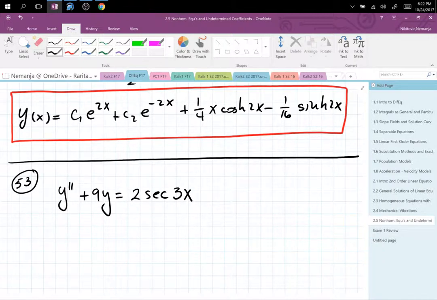Is there something I can factor here? Nope. Why? Oh, the 3x. This is what I got.